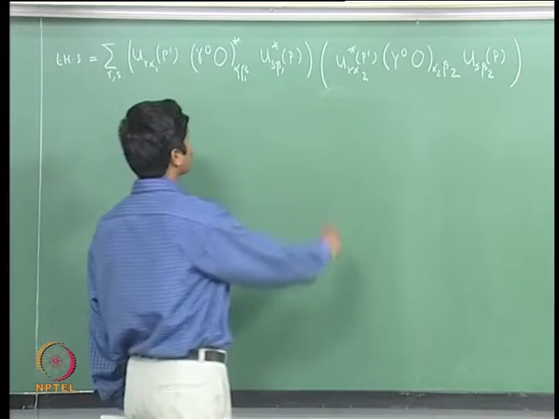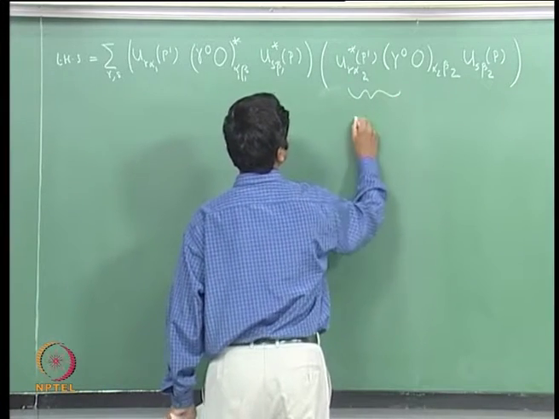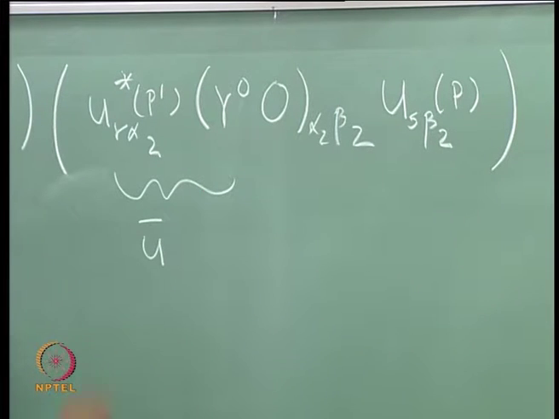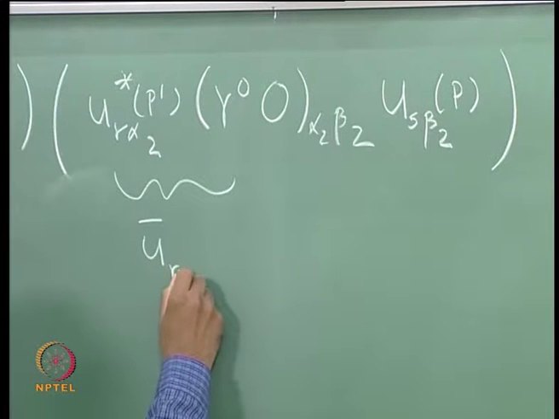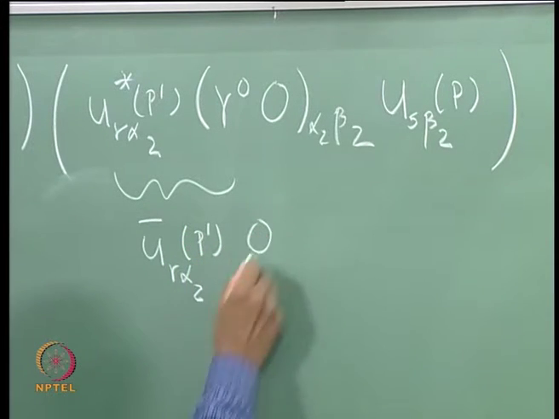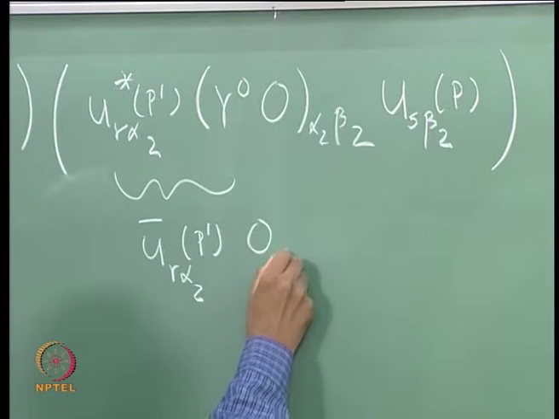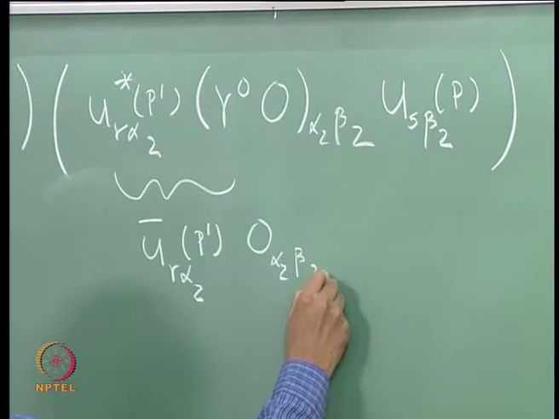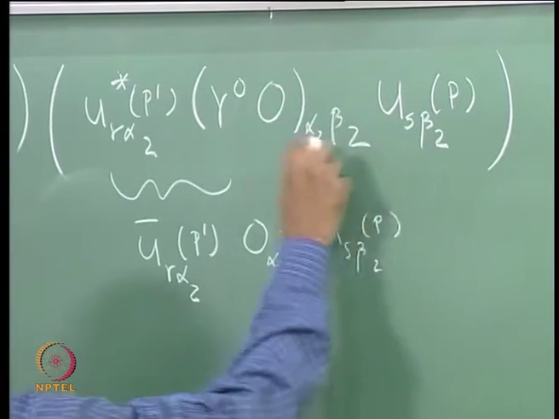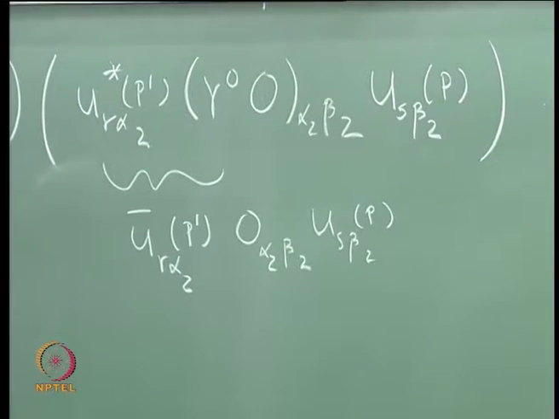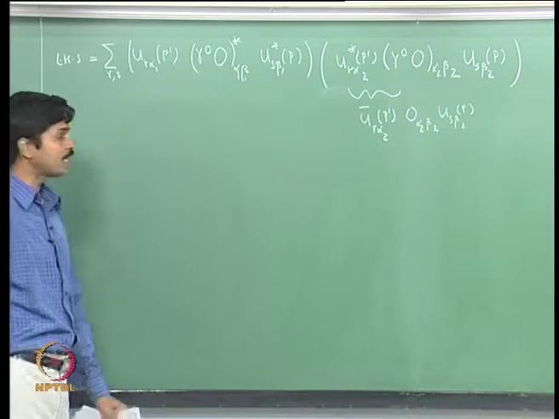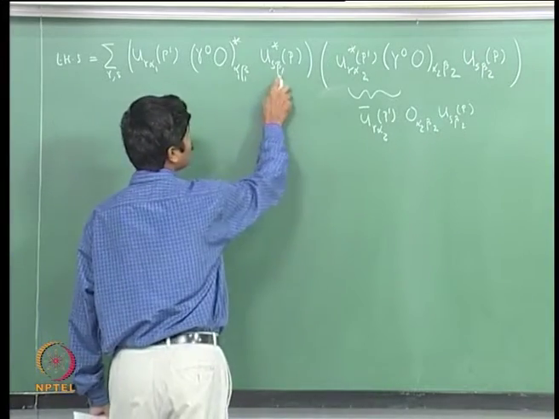So, the first term here I will substitute as u bar gamma alpha 2 p' O alpha 2 beta 2 u s beta 2 of p for this, whereas here I want to do a little bit more algebra to write it in terms of u bar.